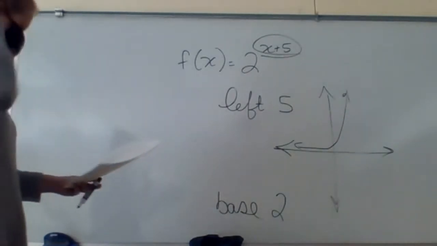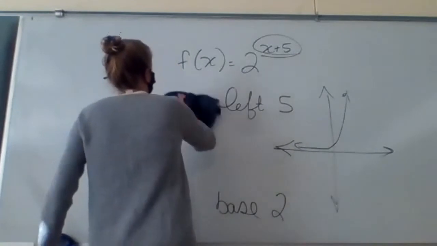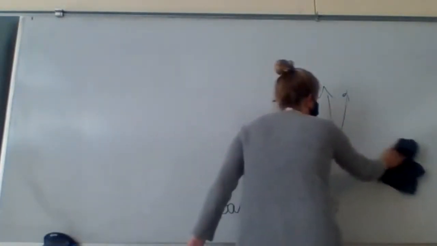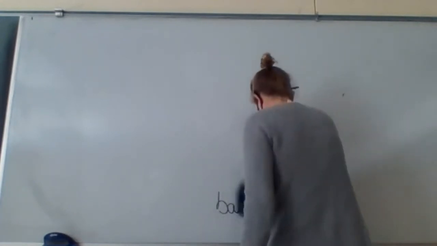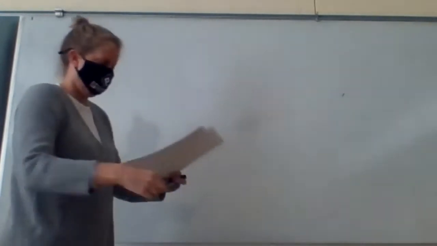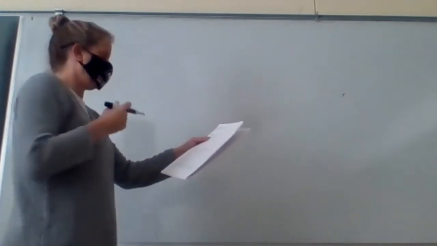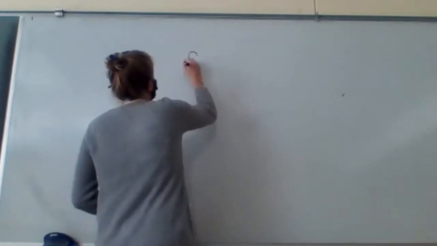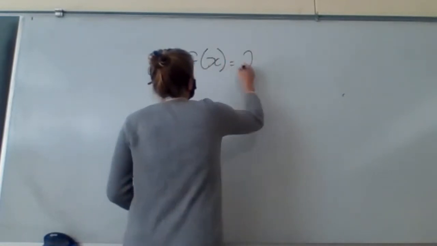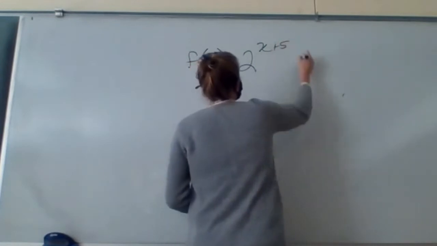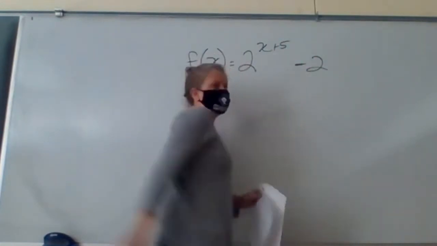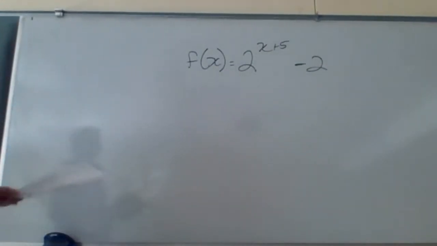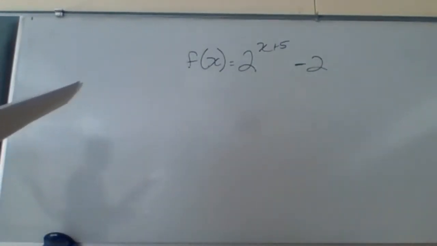Okay, number 3. You have f of x equals 2 to the x plus 5 minus 2. So, same kind of problem. We're just going to have more than one shift. So let's see, what are we going to start off the graph of?